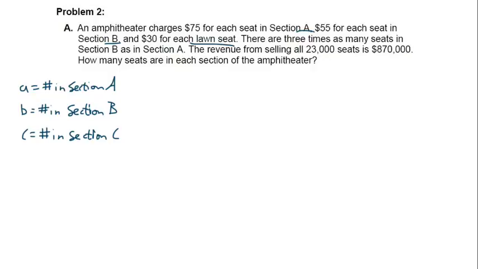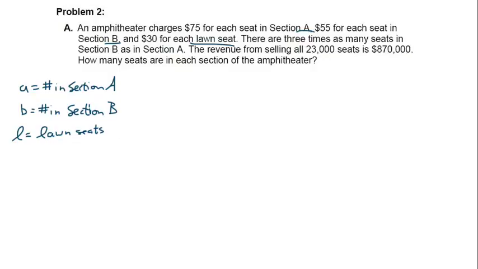Instead of a C, let's go back and erase that. Let's say L equals lawn seats. Pick any letter you want. It could be X, Y, Z, M, L, whatever you want, so long as you can read it and you know what it goes to. So those are our variables.